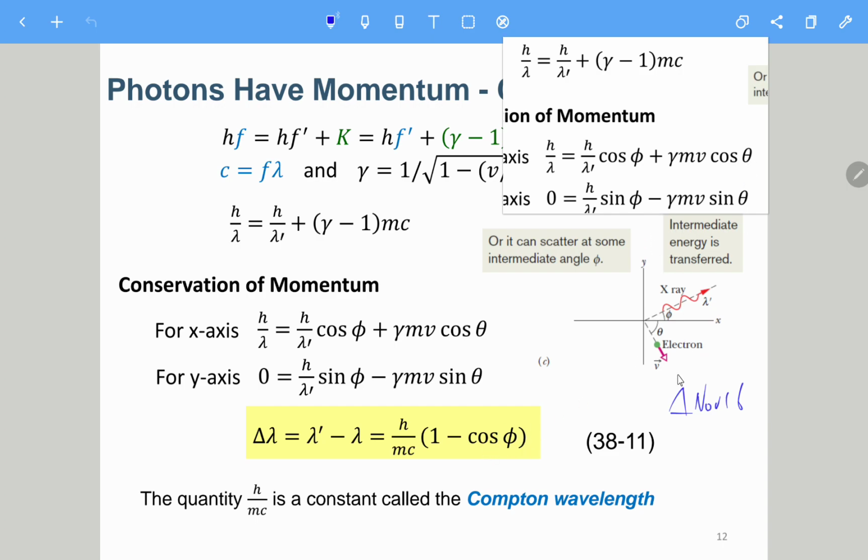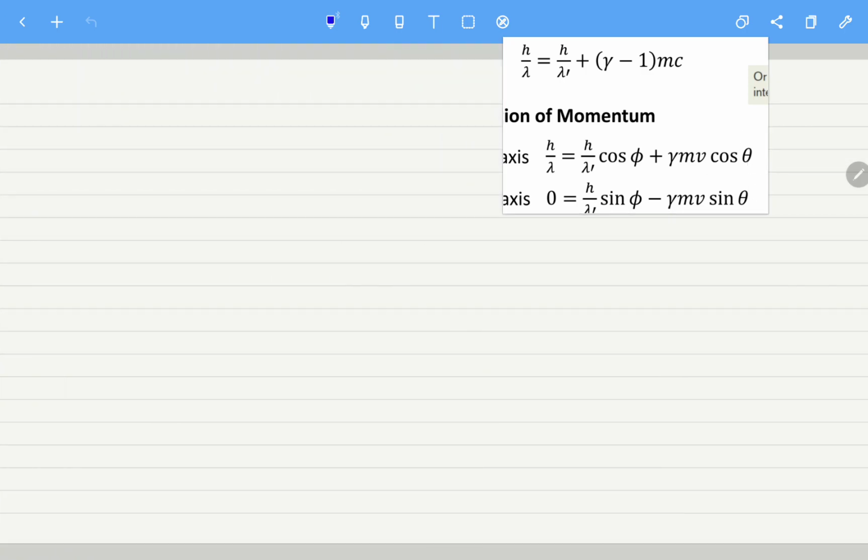We don't have theta here. Actually, you can simply imagine that we don't really care about the deflection angle of the electron. What we really care about is the scattered angle of the X-ray. So it is obvious we need to eliminate theta.